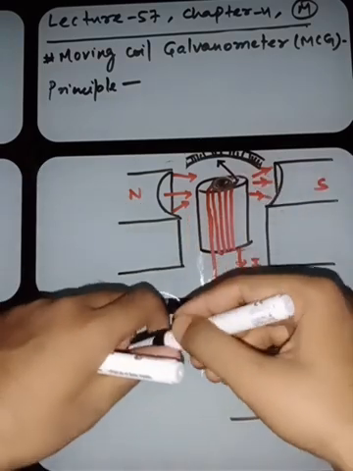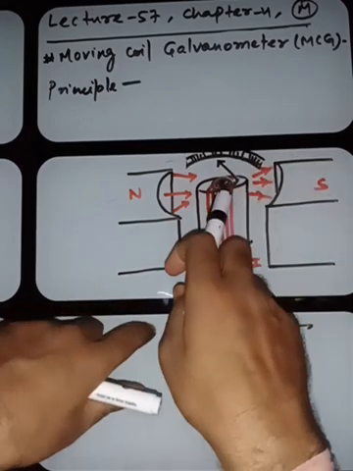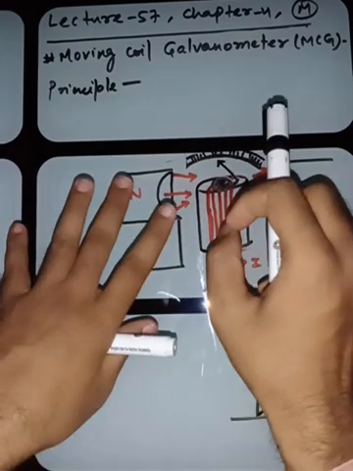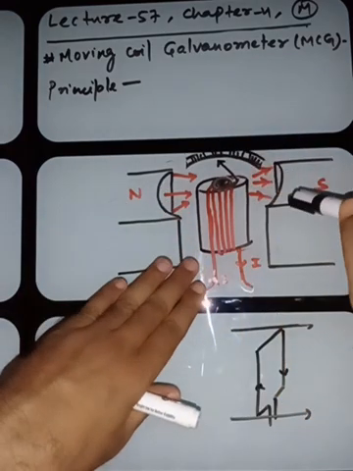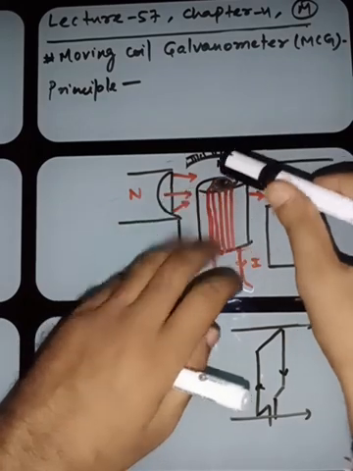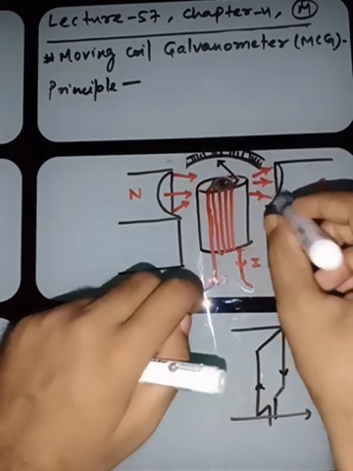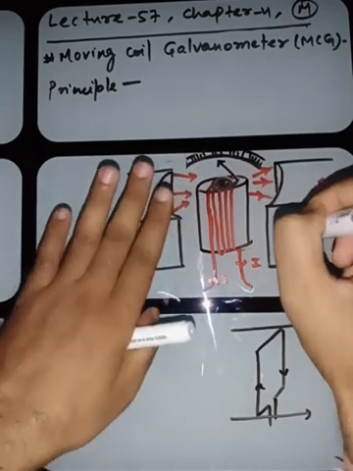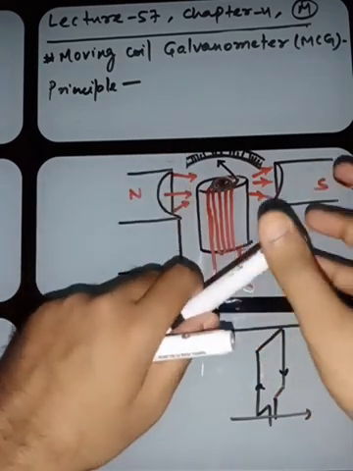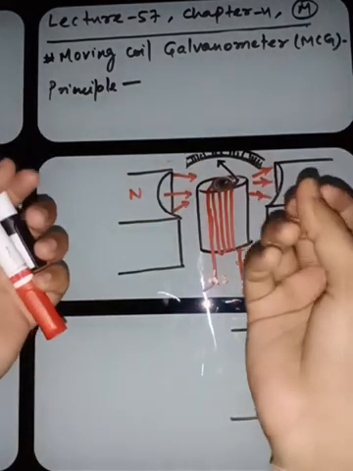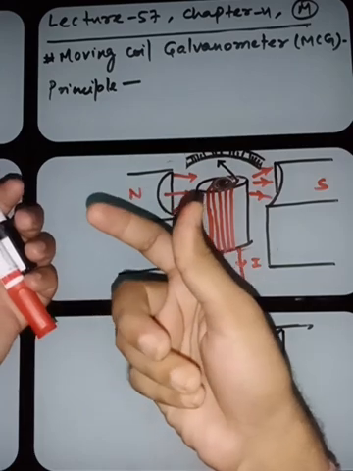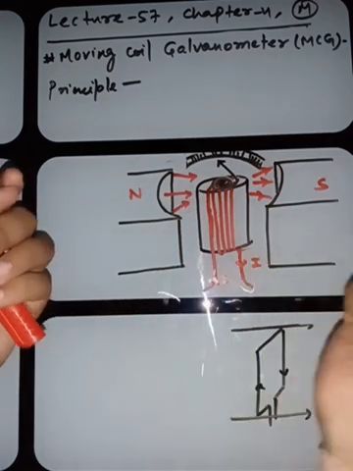Now, this pointer is attached with a spring, which is made up of phosphor bronze. We use phosphor bronze to make the spring because its value of torsion constant K is very small. Remember, that's why we use phosphor bronze. What does it mean? A minimum value of K means that after a number of twistings, its dimension, that is the elongation, does not change.